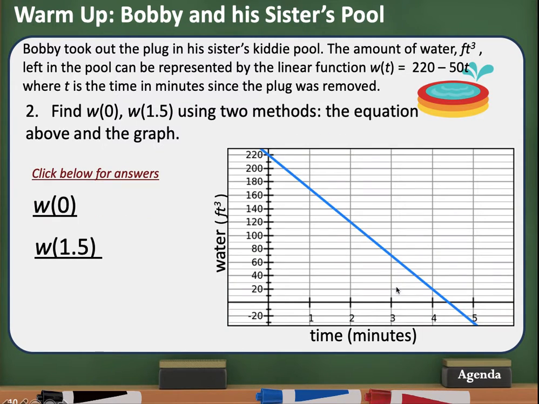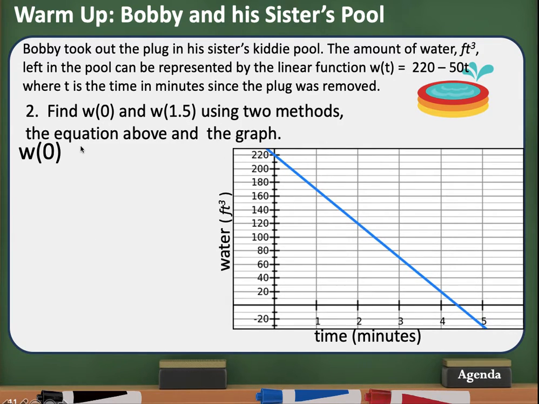Okay, next. I wanted you to try to think and write about how to find W of 0 and W of 1.5 using two methods. So let's talk about W of 0. From our study in functions, you may have forgotten, but W of 0 tells you to put 0 in as the input.